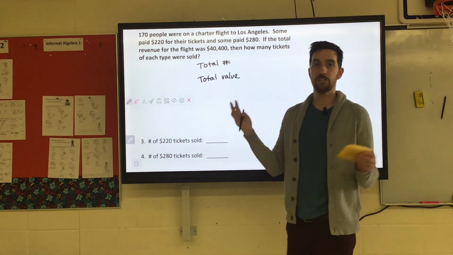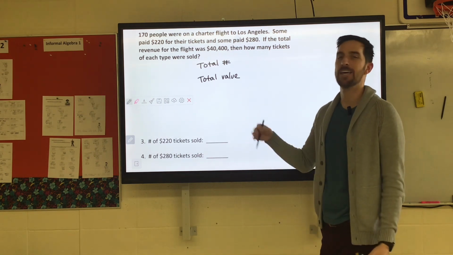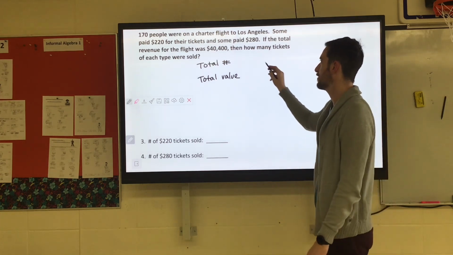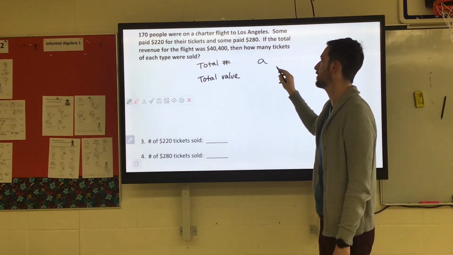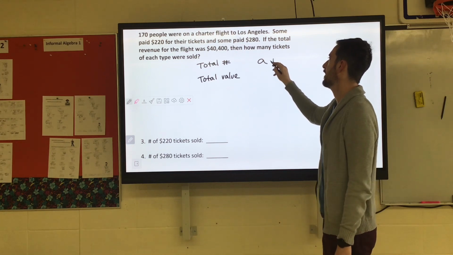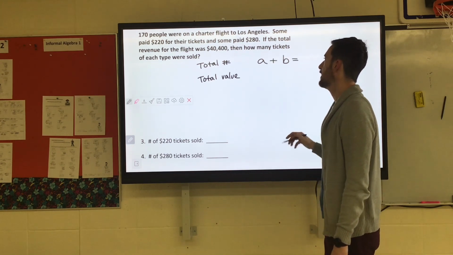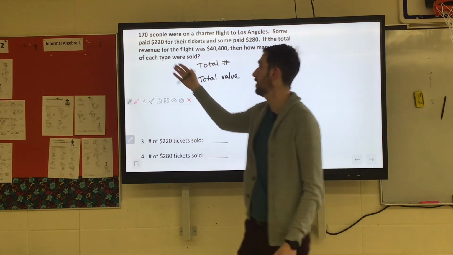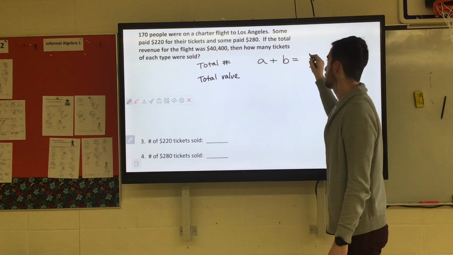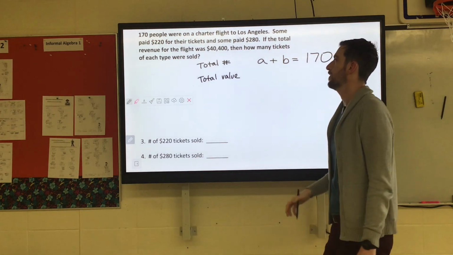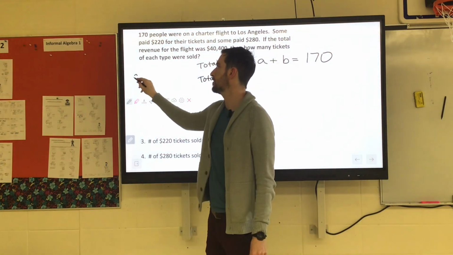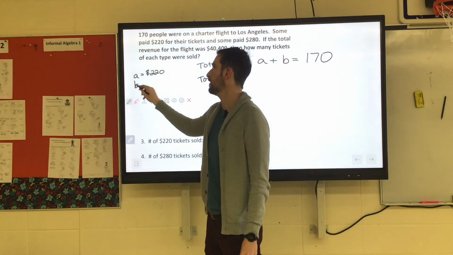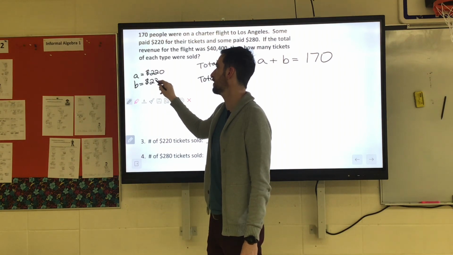Now again, we can choose whatever letters we want here. Let's use A and B. So if I took the two different types of tickets, if I took all the tickets that were $220 and I add all the tickets that were $280, if I'm just doing total number of tickets, how many tickets were sold? 170. Now, look, I said that A was the $220 tickets, and I'm using B for our $280 tickets.